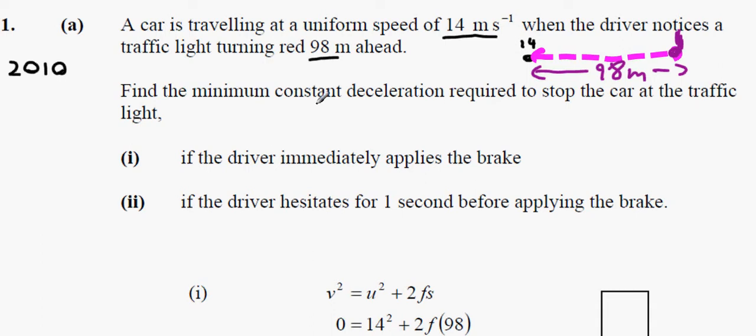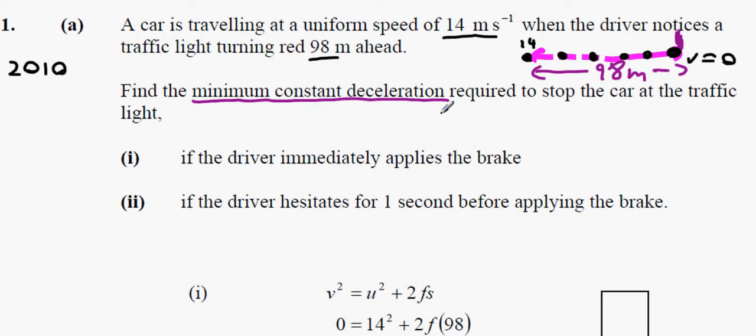The minimum constant deceleration means that the car, represented by the black dot, is going to travel all the way along and reach the traffic lights, but when it gets there, its final velocity is going to be 0.